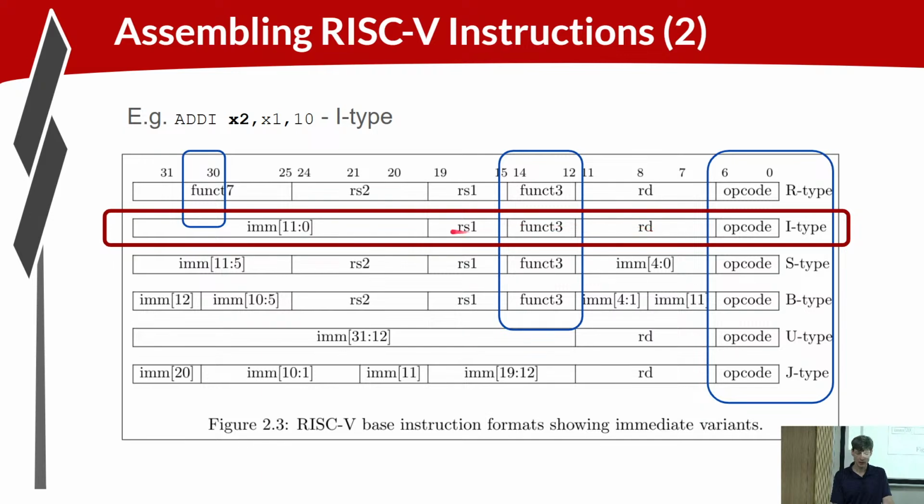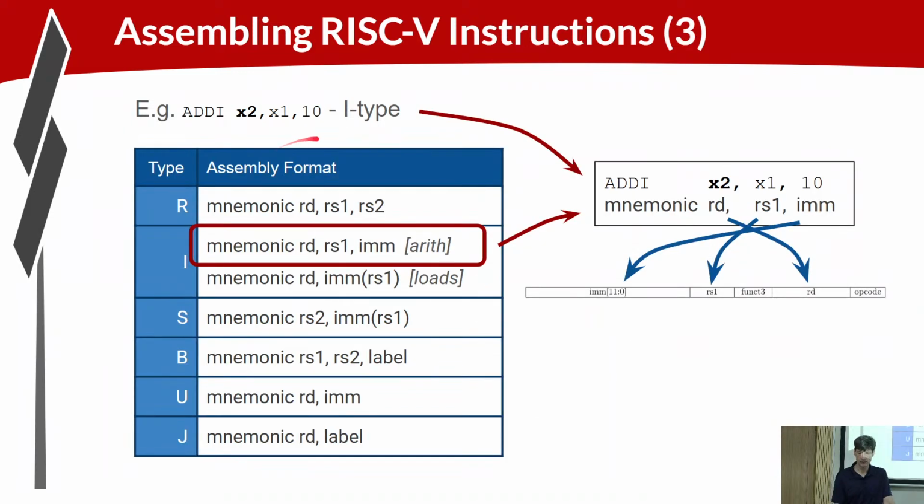And how do we get the rest of the fields? Since we know we're I-type, we look up the format of this string. It matches this format for I-type.